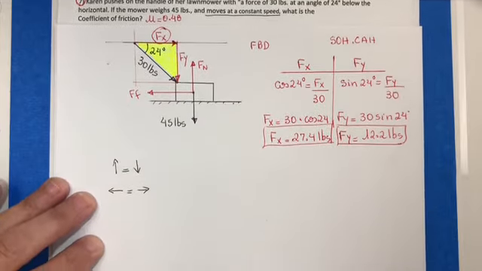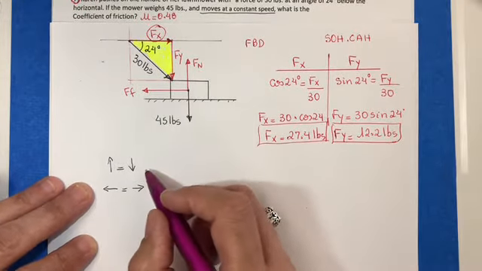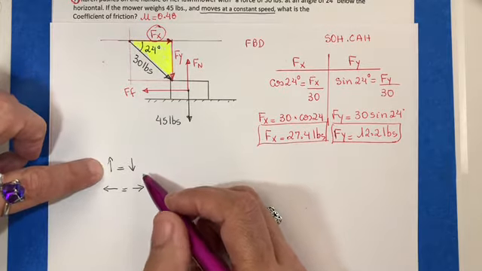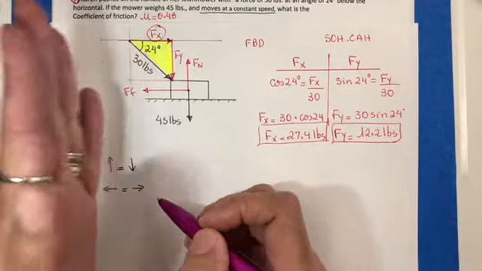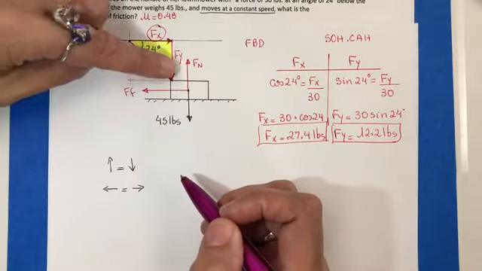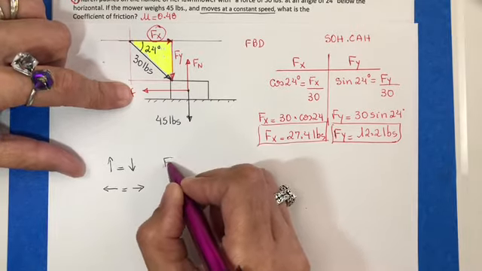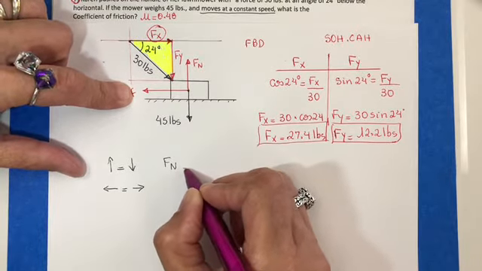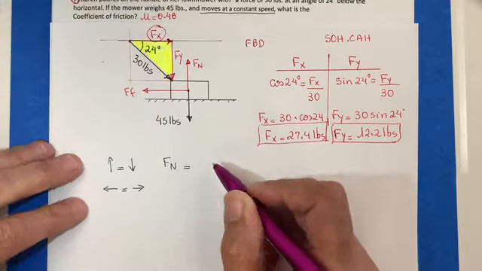Okay, so now what I'm gonna do is I'm gonna write both equations. So the first one states that the sum of forces up. So I have up here, I have to look in this direction. So I have Fn, which is up. So Fn, normal force, is equal to the sum of forces down. So I have Fy and I have 45.